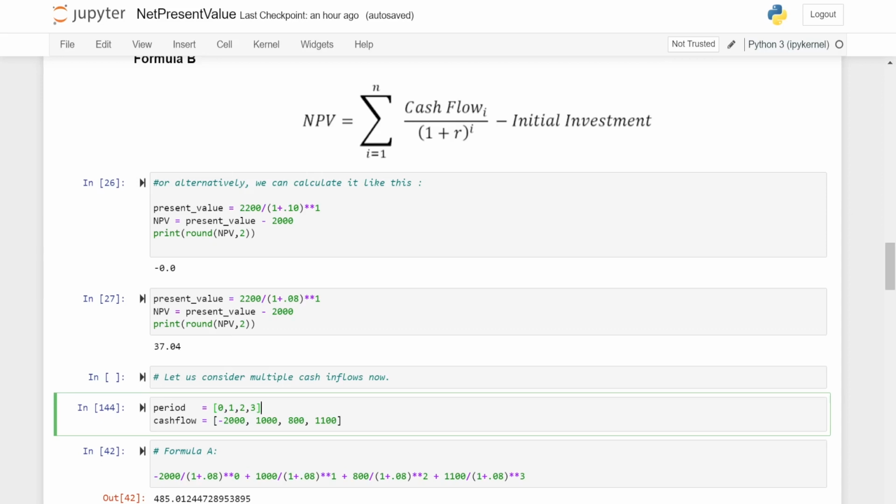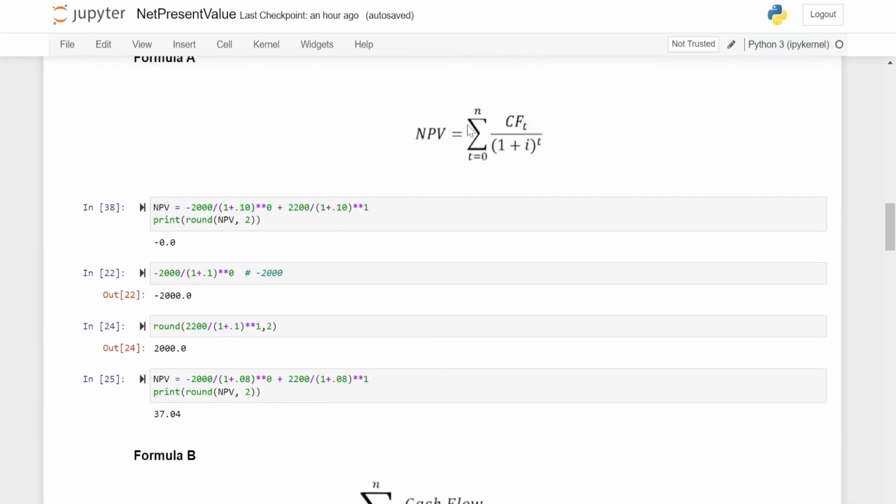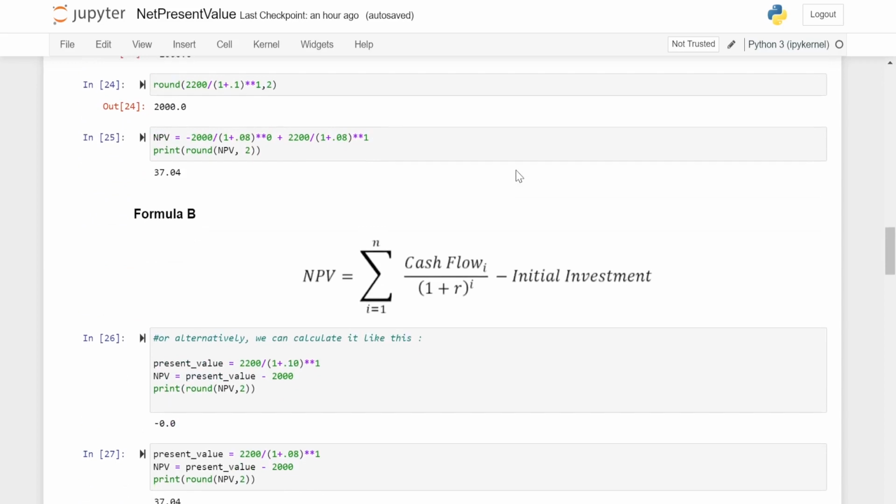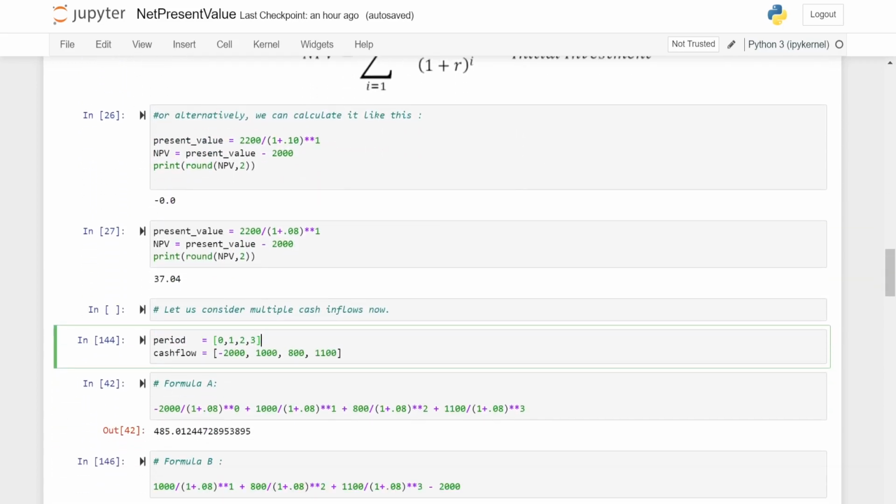In other words, whether we will take up this project or not. So now what we will do? Simple thing. Whatever we did for only period 1, now we will do for multiple periods. First, we will use this formula. In this formula, we will start from period 0. Period 0 pertains to investment, cash outflow. Period 1 onwards would pertain to cash inflow. So look at what we are doing here: cash outflow minus 2000.